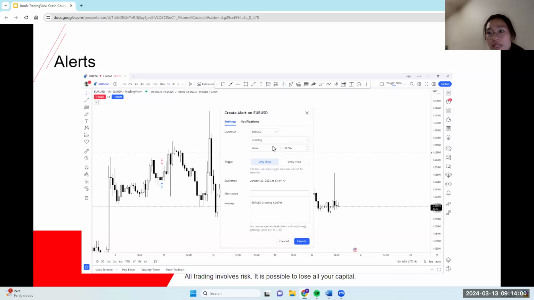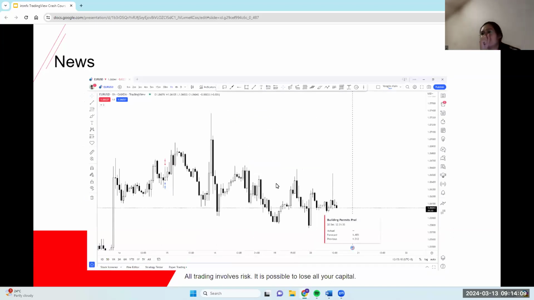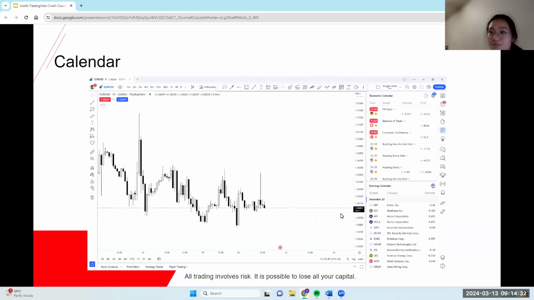Okay, some alerts. So you can also indicate what the conditions are for buy or sell, and it will alert you if those conditions are met. Sometimes, if you're looking at currencies, they might also include news or economic data releases that are coming out during that day or that week, so that you can be aware of the volatility that comes with data releases.